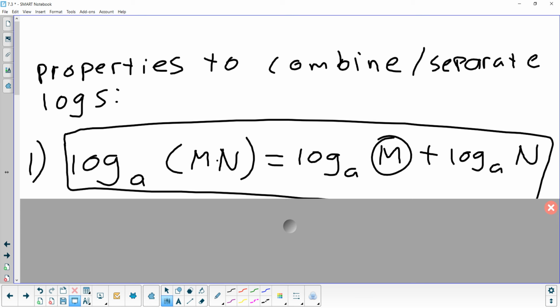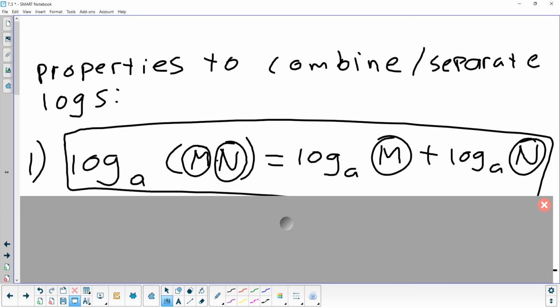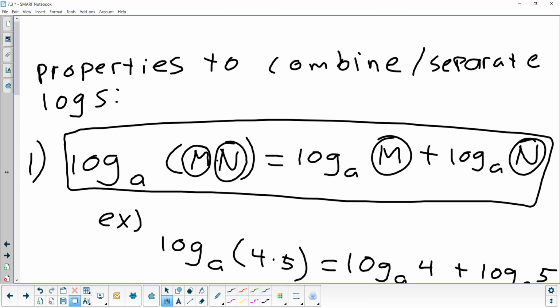My first argument becomes the first factor, and my second argument comes from the second factor. And if I had a third argument, like let's say I had m times n times x, well, then I could put plus, and then I could do another one. So you can separate as many things as you have here as long as they're all multiplied together. And that's an example with numbers.